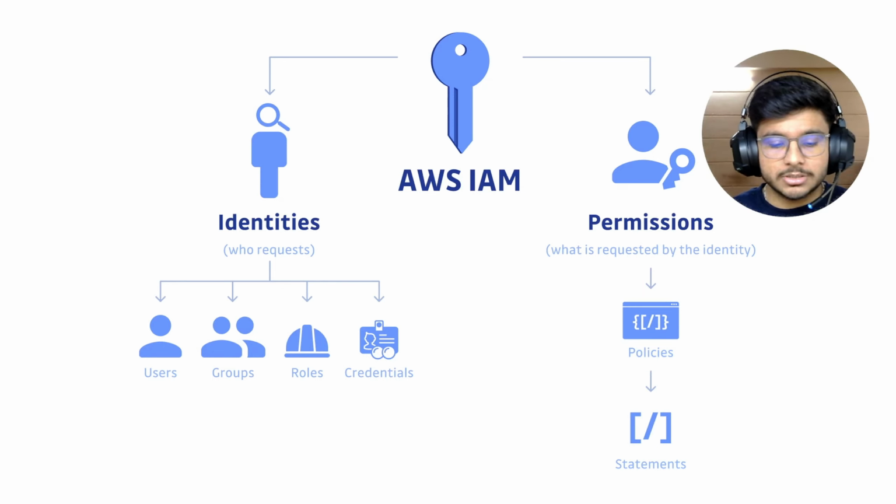The groups: suppose we'll take the example of a company for the whole video. Now I have a company of about 500 people. In that I have four departments: finance department, tech department, marketing department, and media department. These four departments have different things to do. In the technical field they have to do different things, and in other fields they do different things. Now, instead of assigning permissions to 500 users, imagine how hard it will be. So instead of assigning permissions to 500 people, I'll create four groups based on every field that I have.